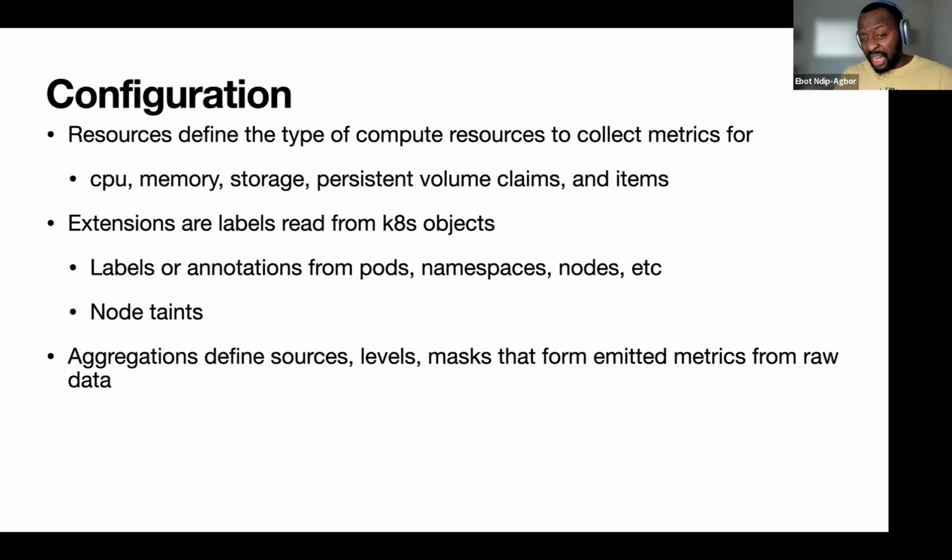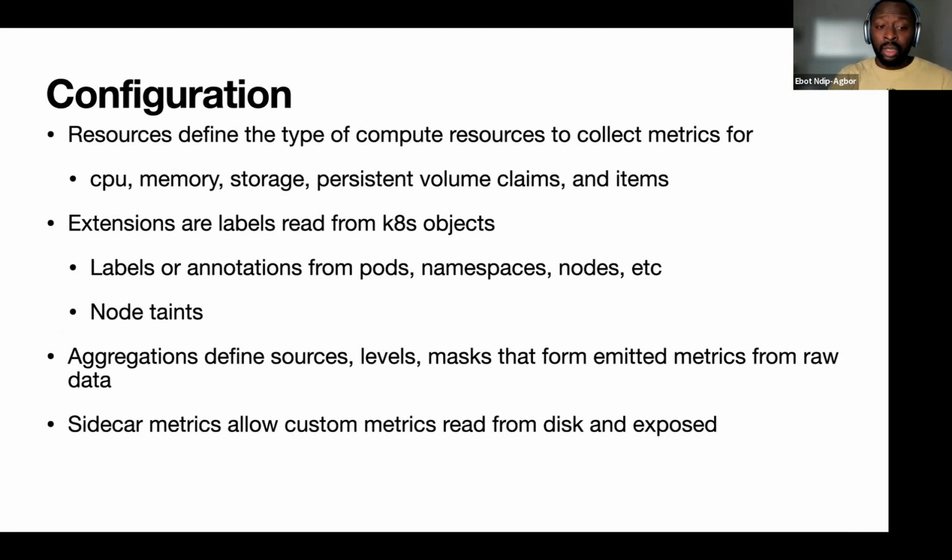And then you have aggregations, which define the actual sources where you get the metrics and how they get aggregated and how the metric that actually gets emitted for those. And then you also have something called sidecar metrics. If you have metrics you want to expose that are not part of the collector, you can also use a sidecar to write those metrics to disk and rotate them.